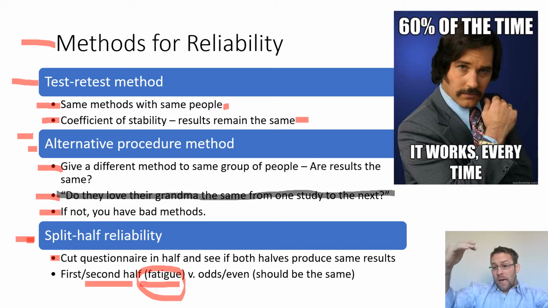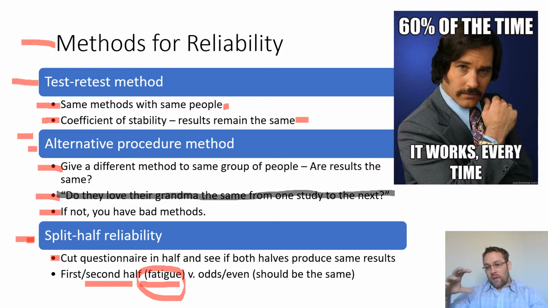You could also, after a person takes a 100-question survey, take all of the even numbers and test those, and take all the odd numbers and test those. Now you're not worried about second-half fatigue, because half of the questions from each set come from the second half.